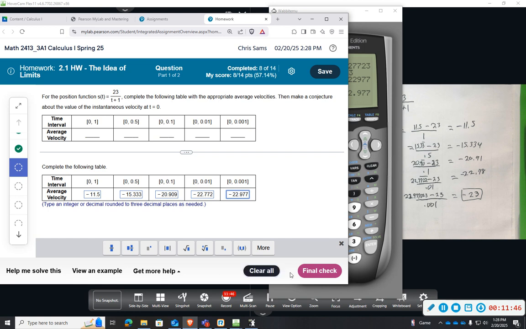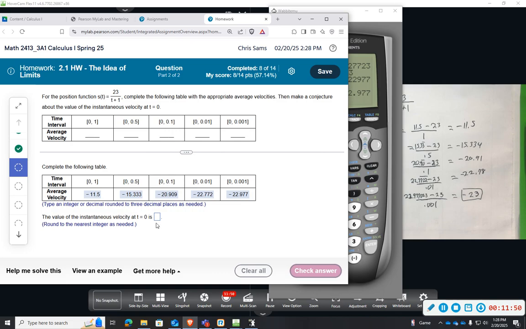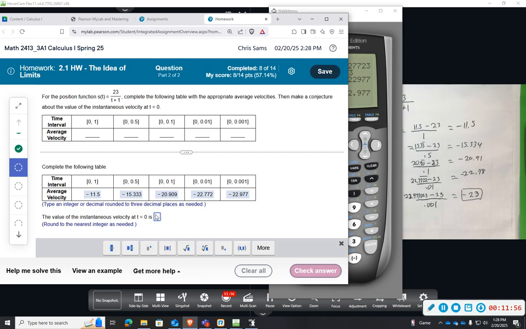All right, so we should be good there. And then the instantaneous velocity, round to the nearest integer. So if I would round this number as I'm getting closer, that's a negative 23. So very sensitive on the decimal places, be careful there.